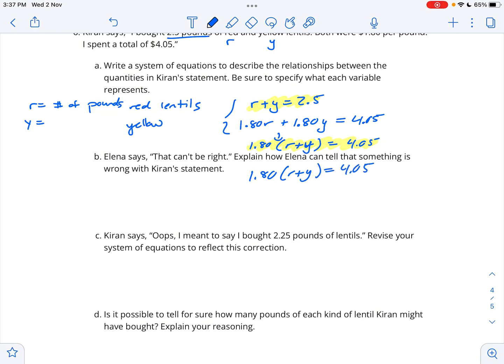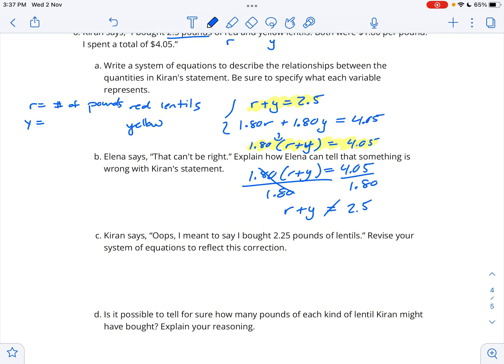If I was going to simplify this a little bit and divide both sides by 1.80, those would cancel out, and I'd be left with r plus y is equal to 4.05 divided by 1.8, which, I don't have a calculator handy, but it's not going to be equal to 2.5. So it's going to be equal to something else.